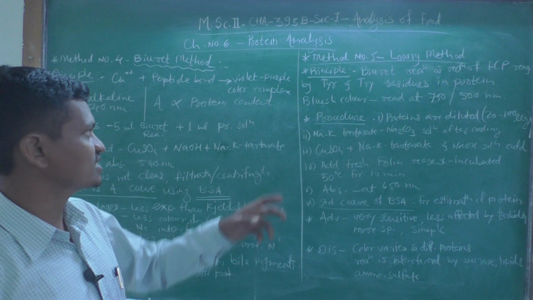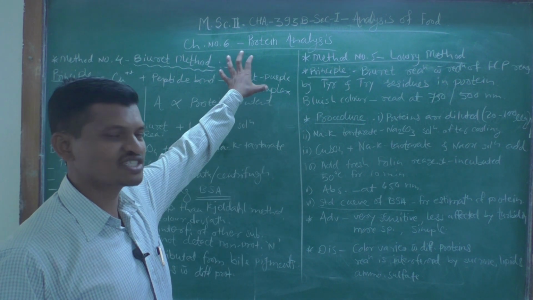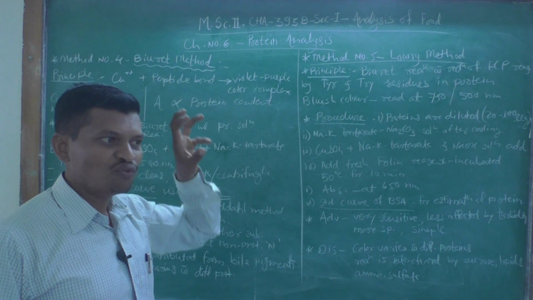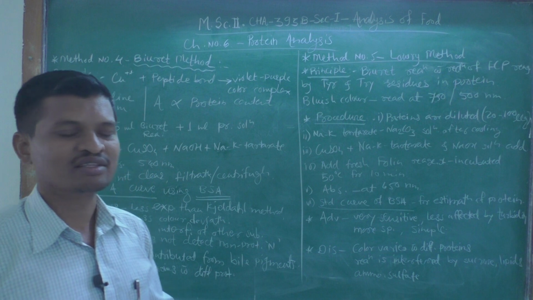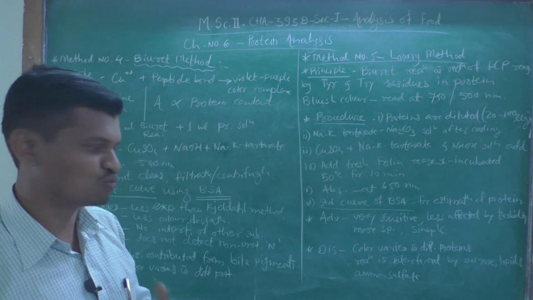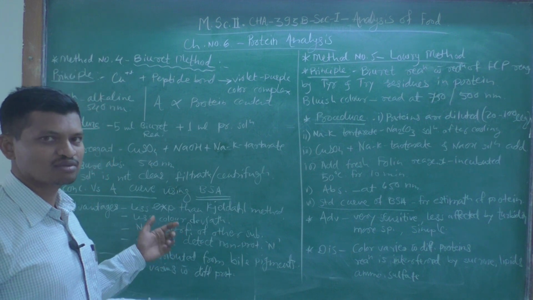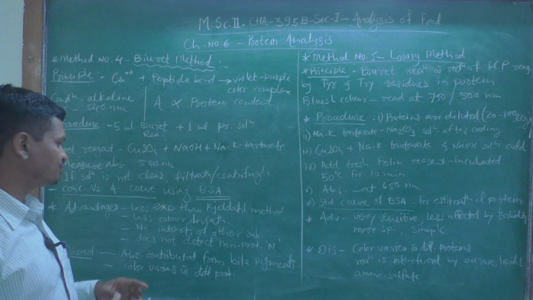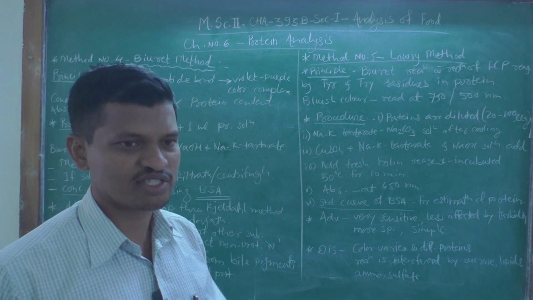Then, fewer color deviations are observed. The complex has a violet purple color, which is a standard color. If we have deviations from this standard color, then such tests or methods are not so useful. So this is the advantage, that we are not getting many color deviations. Then, there is no interference from other substituents present in the food sample.